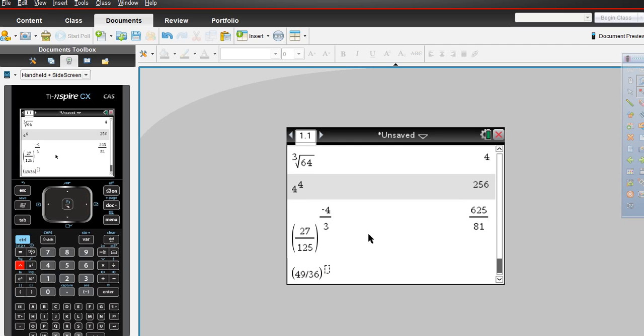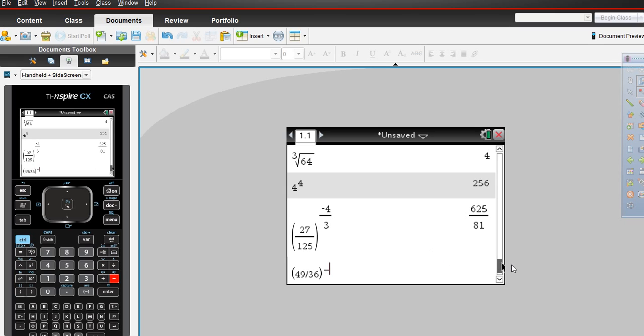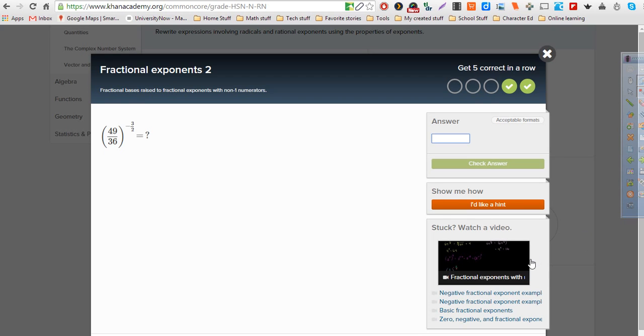You don't need to have a CAS calculator. You can do this with any calculator that allows you to do nth roots and raise things to a power. If I had the blue calculator, I could use that as well. So that's just how I would do these.